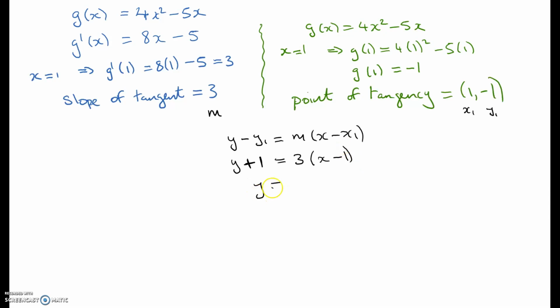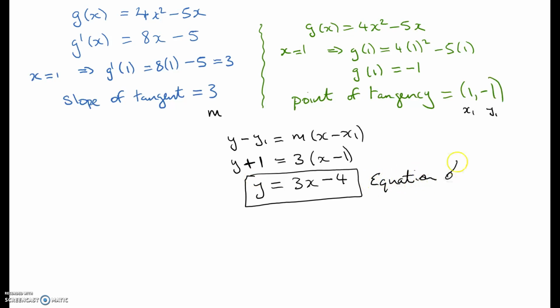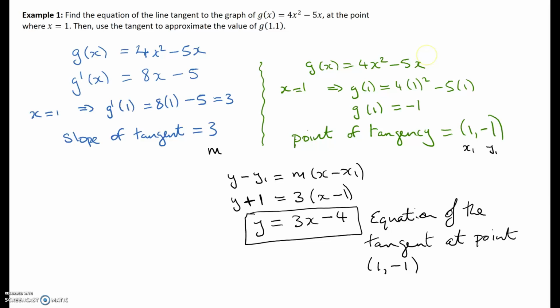So we have y is equal to 3x minus 3, bring the 1 over, becomes minus as well, so 3x minus 4 is the equation of the tangent at the point 1, negative 1.